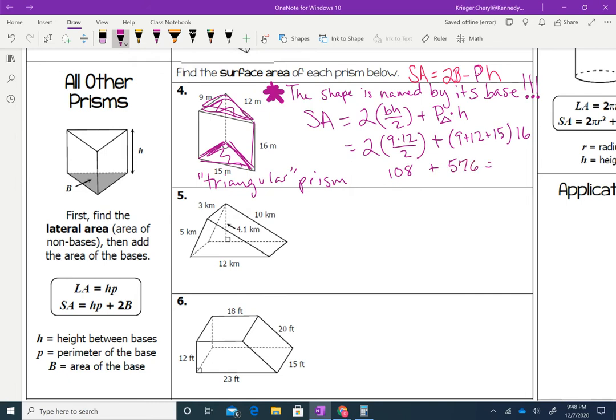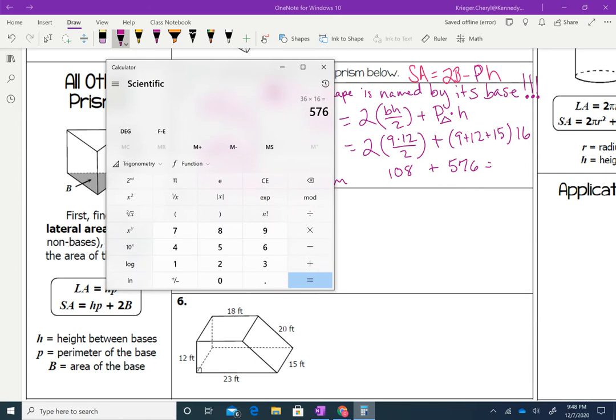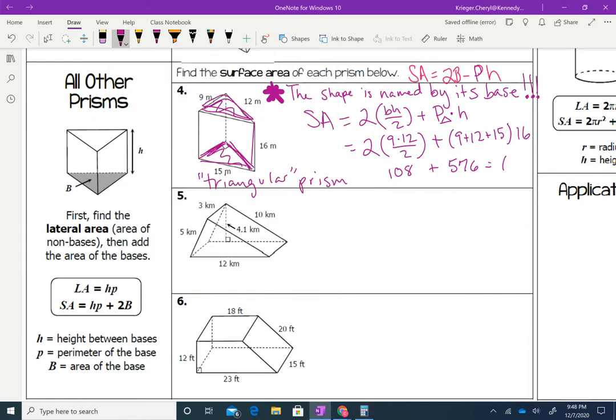So the total surface area, 576 plus 108 is 684, and my square units, meters squared.